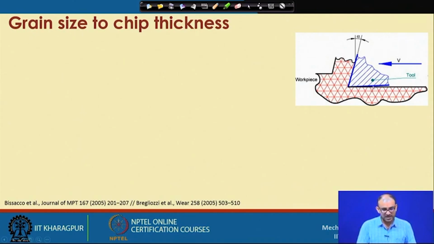Now, this is the diagram of the conventional machining operation. What is happening here is that this is our tool and this is the uncut chip thickness, so let us note it down here.